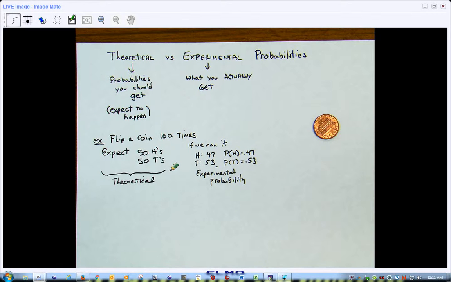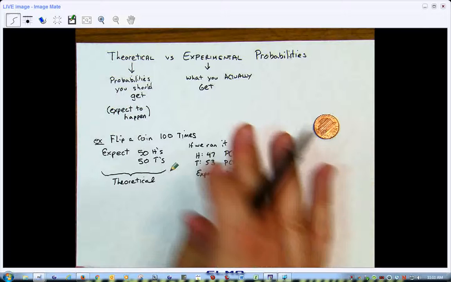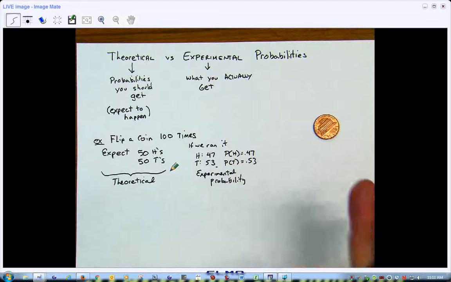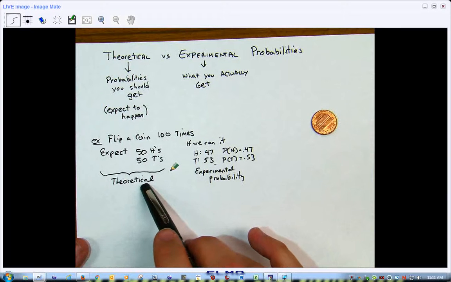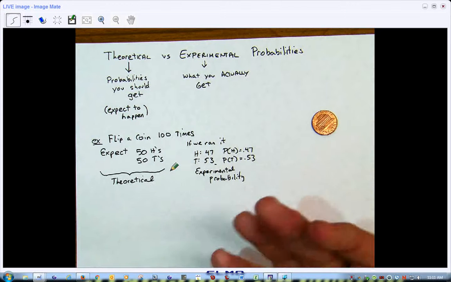So basically that's the difference between the two of them, and it's just a start because I'm just going to throw some basic ideas at you first, and then we're going to break down how we build up these different probabilities and the different parts of the probabilities. We can always calculate the theoretical probabilities based on whatever object we're using.